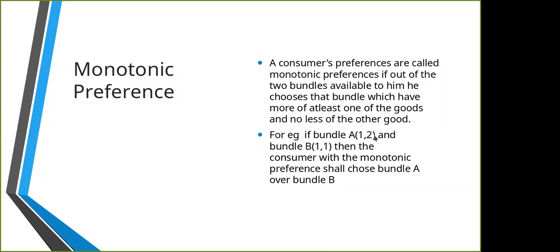And the opposite will be here: the quantity of commodity Y will be higher in bundle A, but the quantity of commodity Y in bundle B would have been less. So in that case, it would not have been possible for us to choose one bundle over another, because in one bundle X is more, in another bundle Y is more. Is it okay with you all? Any problem with understanding of monotonic preference? No, sir. Okay, so let's proceed.